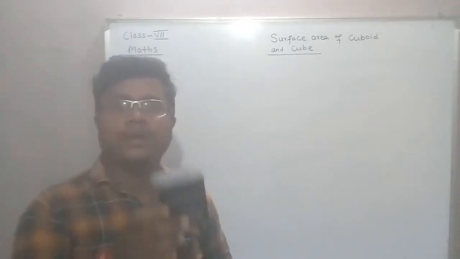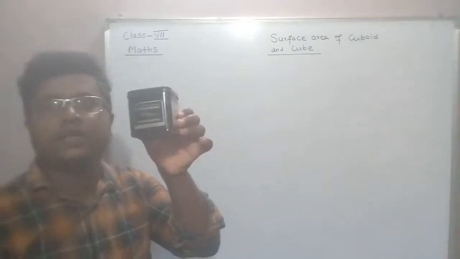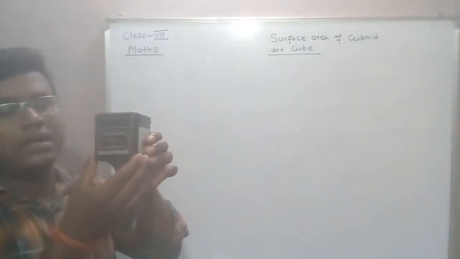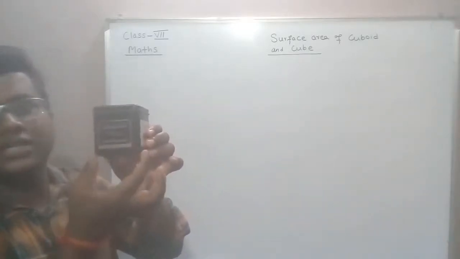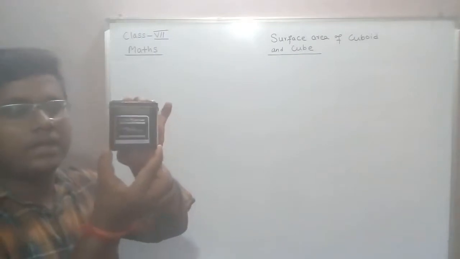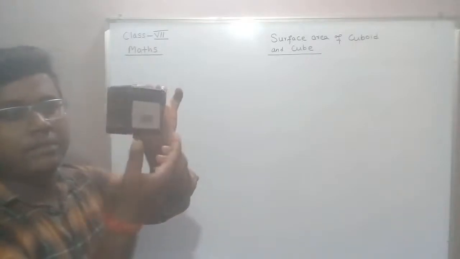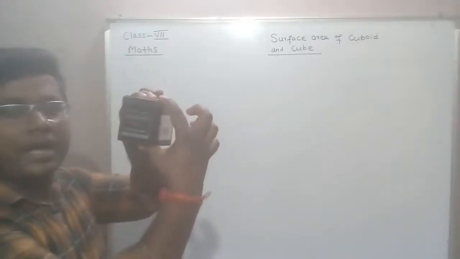Suppose I have a box here. What is it? It is a cube or cuboid. Let's take this as your length, this is your breadth, and this is your height.